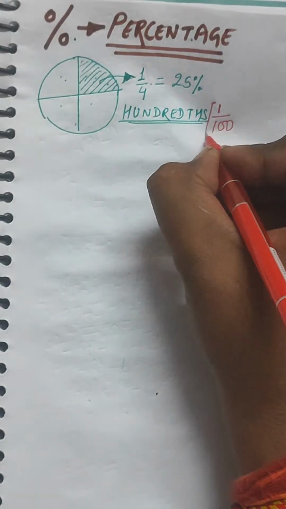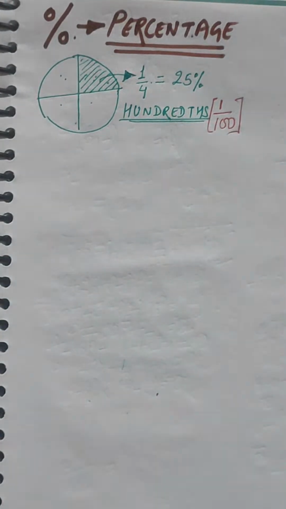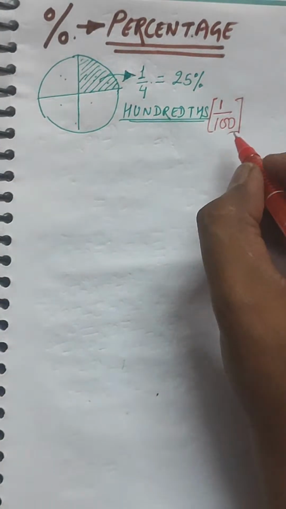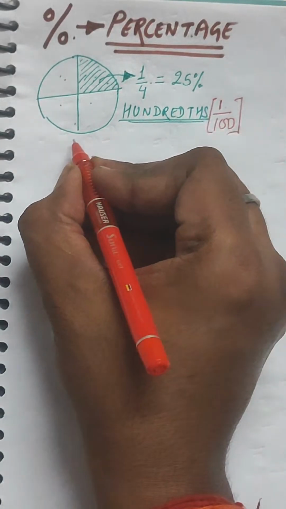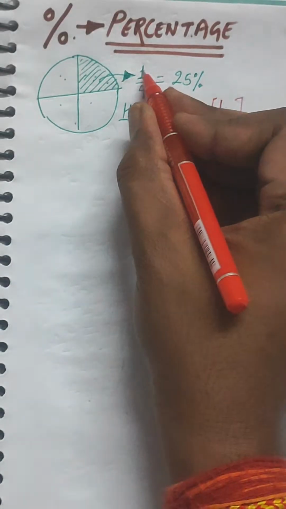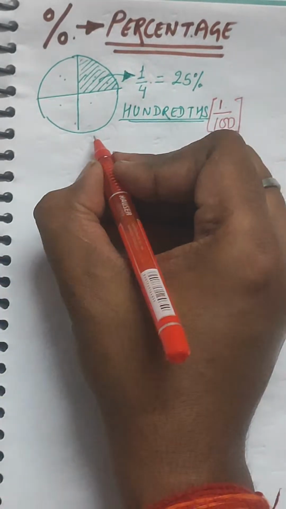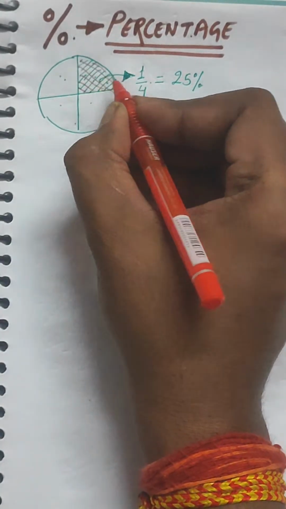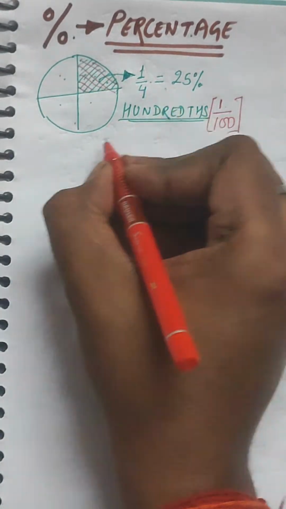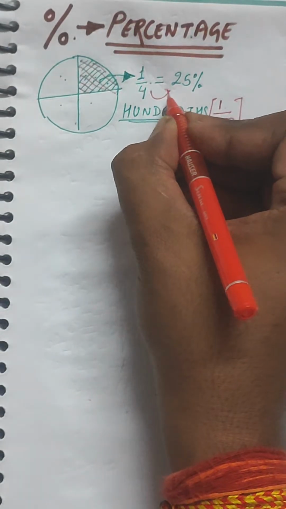So if percentage is mentioned, it needs to be calculated in hundredths. Let's say it's 1 by 4. The section of the pizza available with you is 1 by 4. That means, how is it converted into percentage?